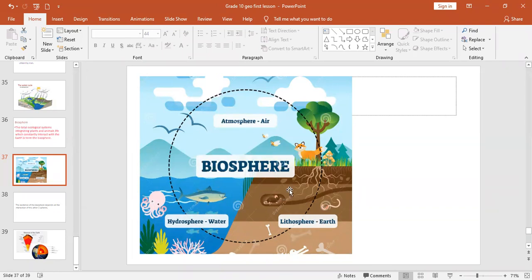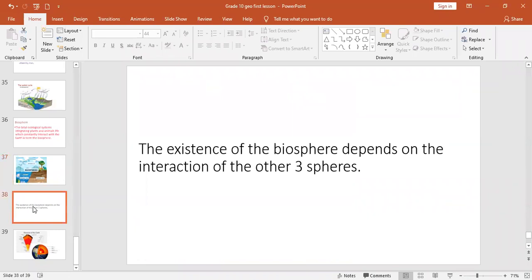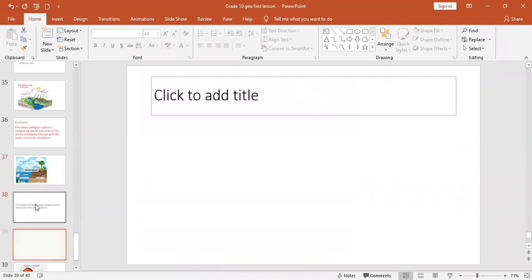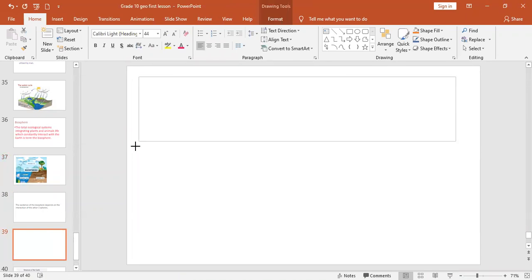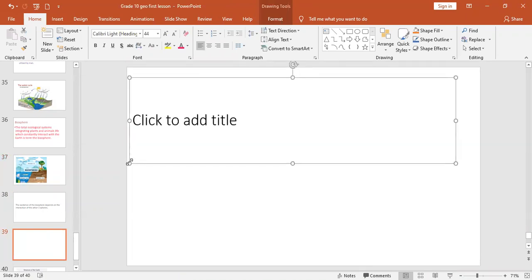It depends on these three subsystems. Can you understand? Yes, teacher. There are two types of components of the biosphere. They are called living components and non-living components.